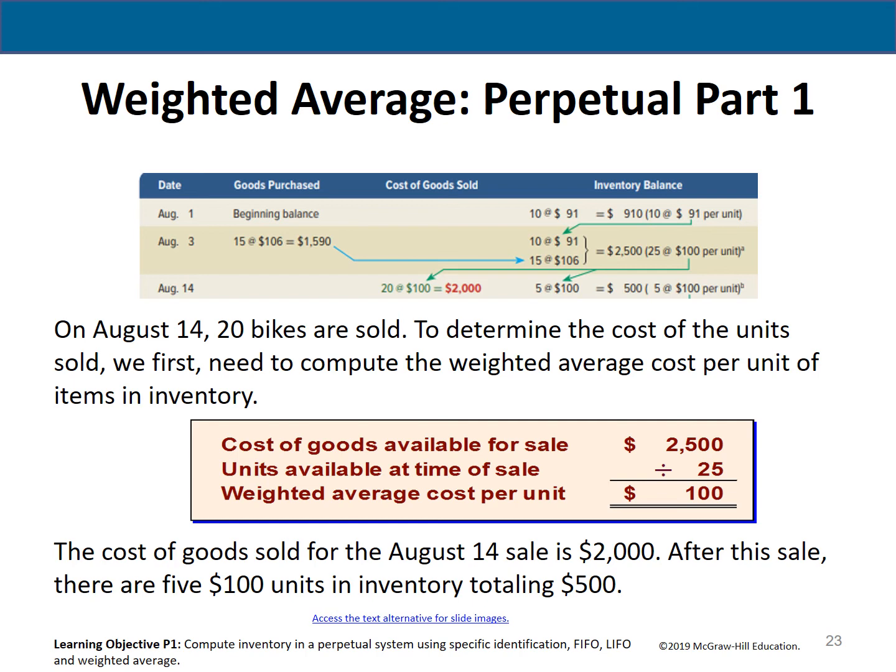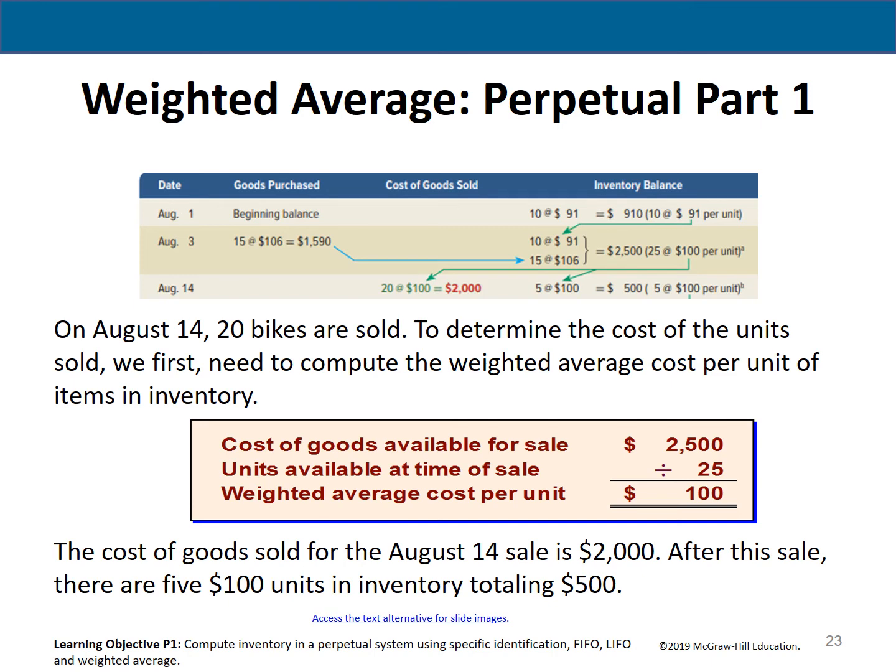On August 14th, when 20 bikes are sold, to determine the cost of the units sold, we first need to compute the weighted average cost per unit of all the inventory items.